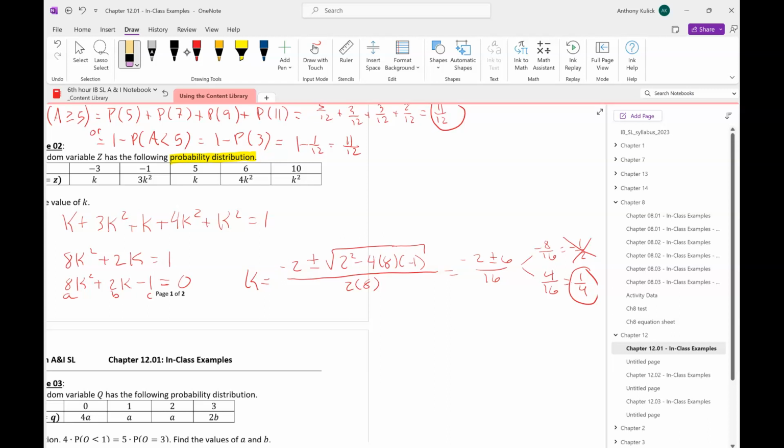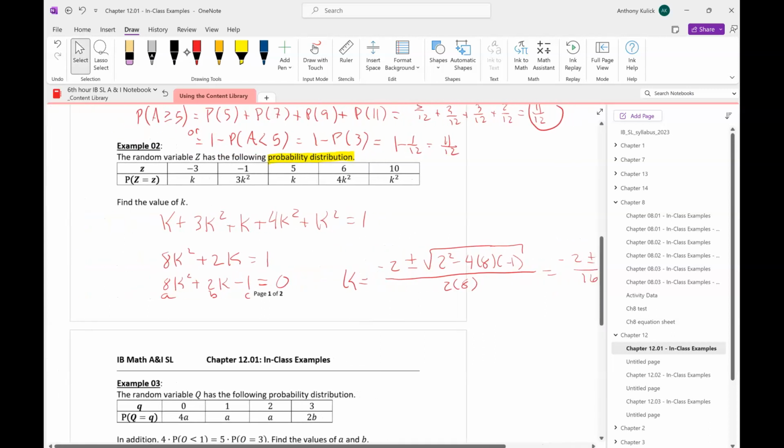In this case, it was solving a quadratic. And then maybe we have to think about which of the answers we got are appropriate. If they're both positive numbers between 0 and 1, then it could be okay, right? Does that feel okay on how to do something like that? Okay.